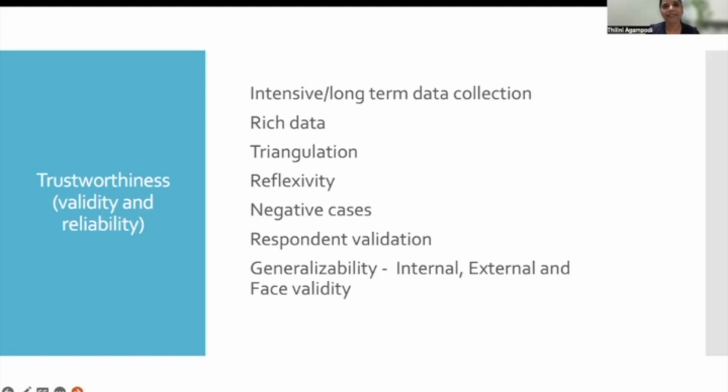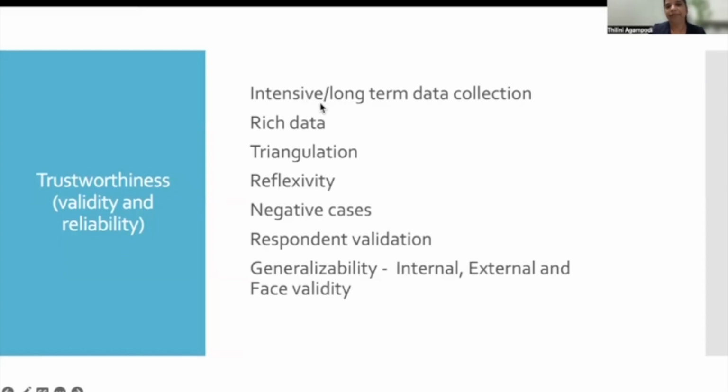So isn't it the researcher's interpretation, right? Those are the questions, right? Those are the challenges. But we have a set of precautions to take in conducting research where we can protect the trustworthiness of qualitative research, or in a quantitative sense we call it validity and reliability of the research, right?